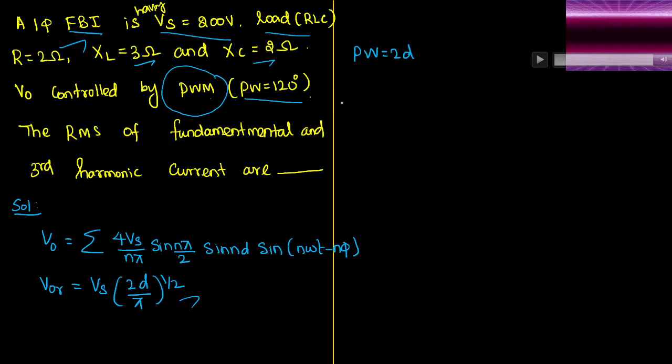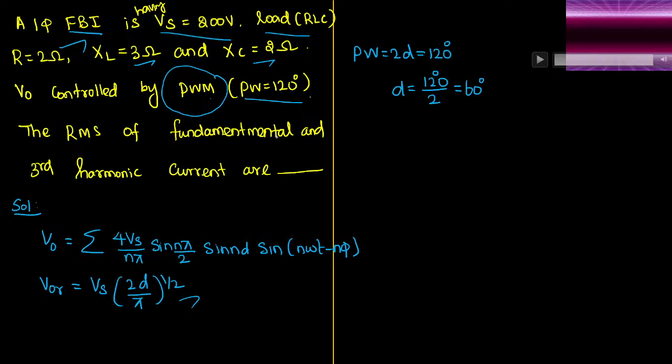By default, if they don't give any number of pulses, you can treat it as only one pulse out of 180 degree. So this 2d is equivalent to 120 degree. From this you can calculate the value of d. d equal to 120 by 2, passing the 2 to the right side, the value of d will become 60 degree. So we found the value of d also.